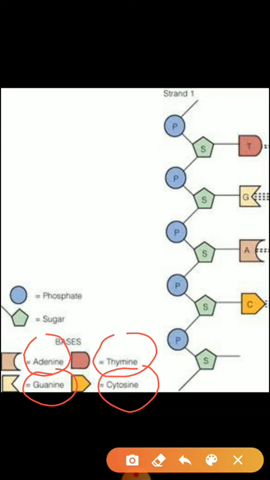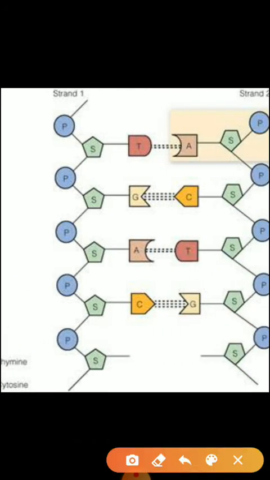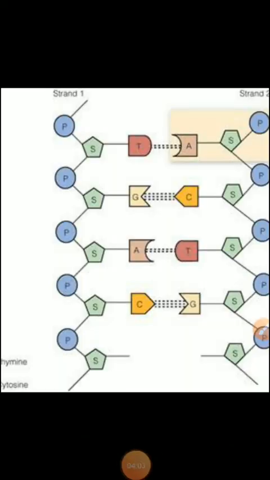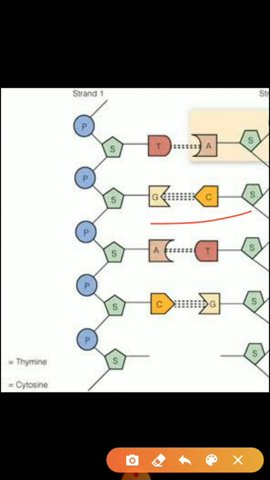These bases are connected by hydrogen bonds. Coming to the point, adenine is connected with thymine with a double hydrogen bond, whereas guanine is connected with cytosine with a triple hydrogen bond.